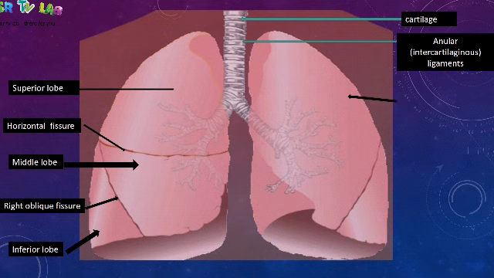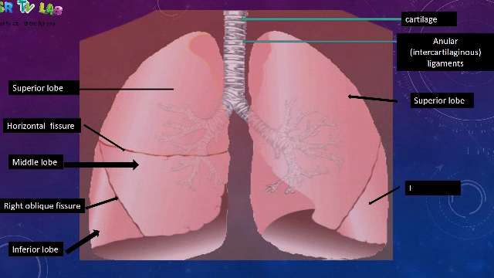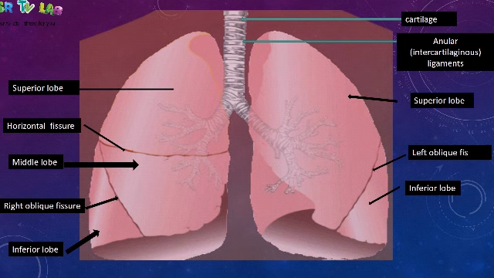Then let's go to the left lung. The left lung has only two lobes. There is the superior lobe and there is the inferior lobe, which are separated by the left oblique fissure. You see, even the right lung has an oblique fissure, so the difference is one is the left oblique fissure, another one is the right oblique fissure.